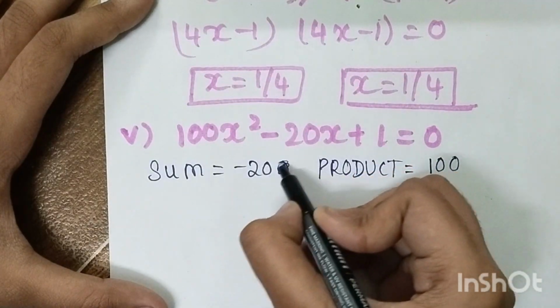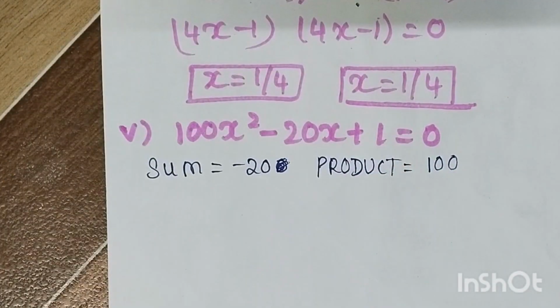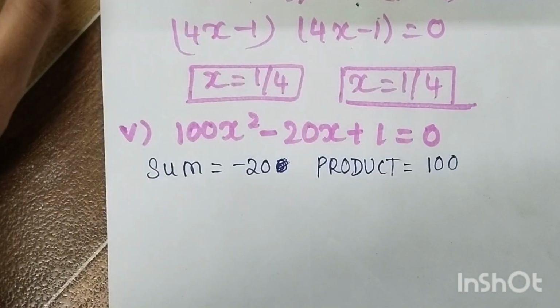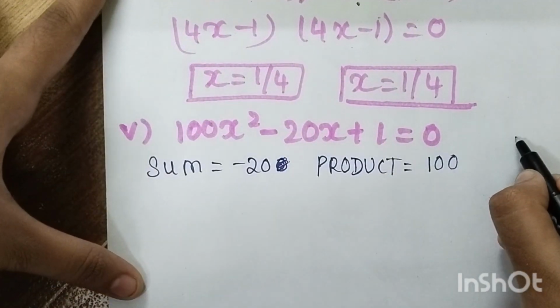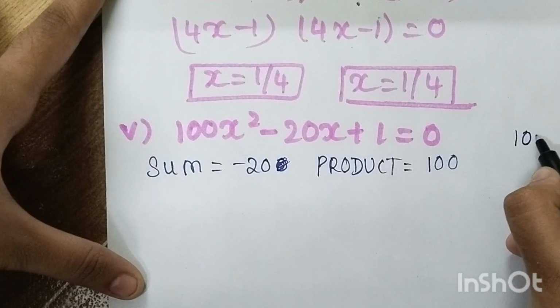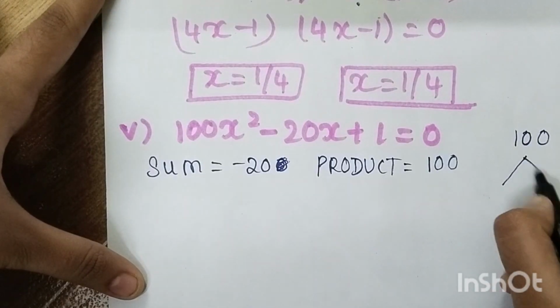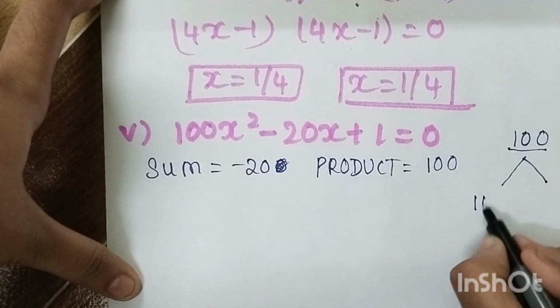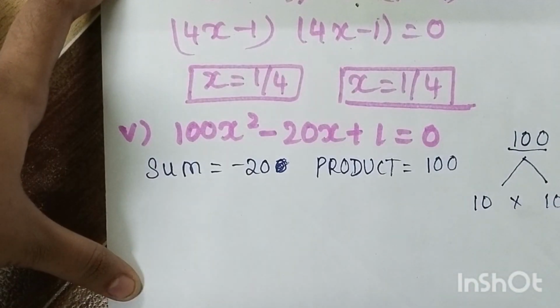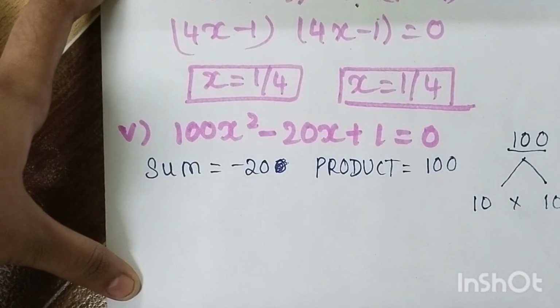Sorry, it is 20. So I'm going to split this 100. So 100 I can write as 10 into 10, right? So 10 into 10 is +100.